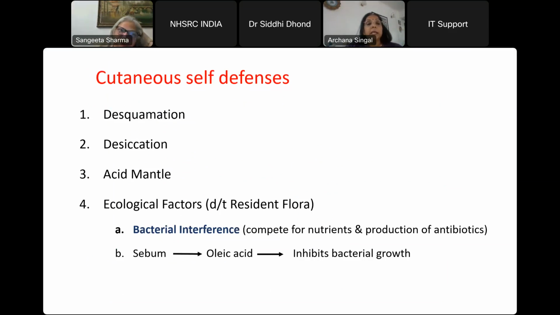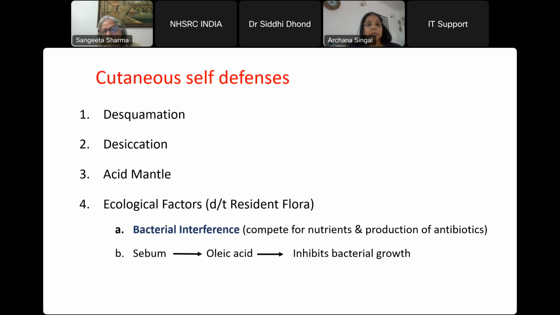The acid mantle, and that's why most soaps with high pH or alkaline pH, which are cheap soaps, rob the skin of the acid mantle. And that's why in the alkaline medium, there is more and more invasion by the pathogenic bacteria.